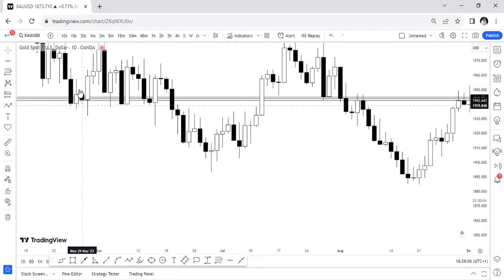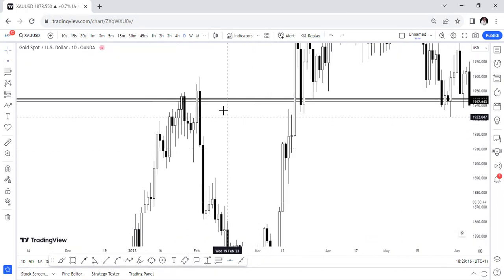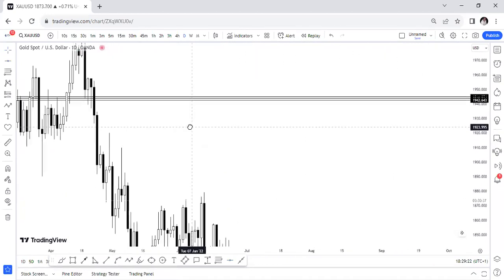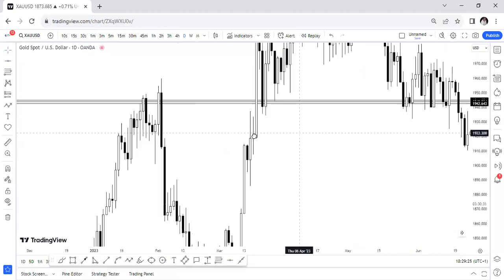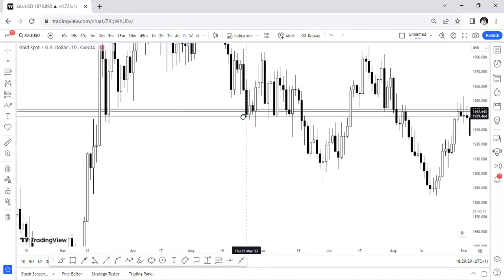If you watch in the back, you can see the testing of this area. If you go back, price always reacts to that level in the past. The same place, price reacted to it.